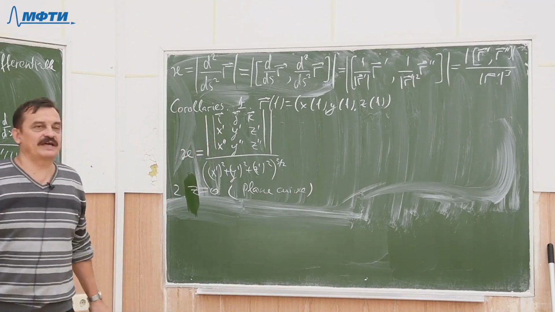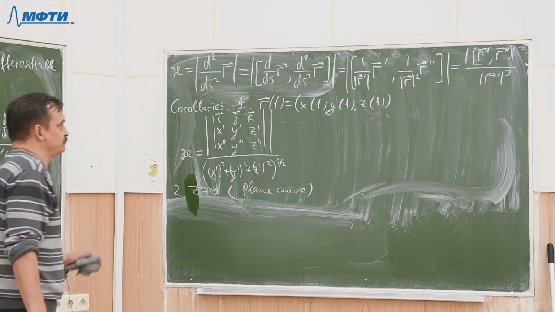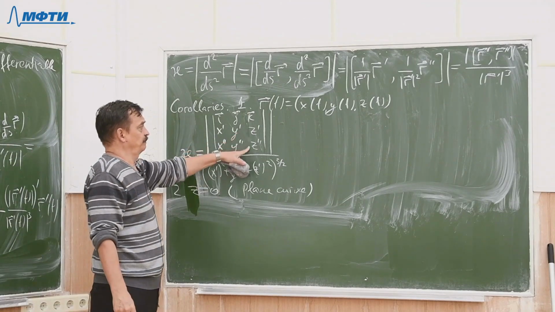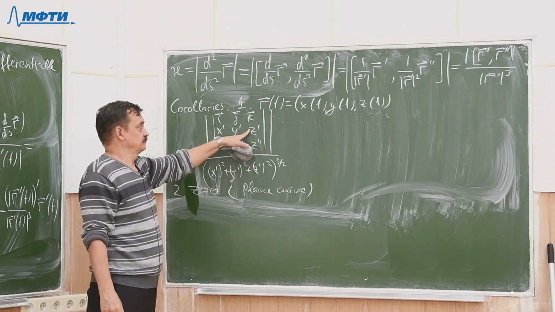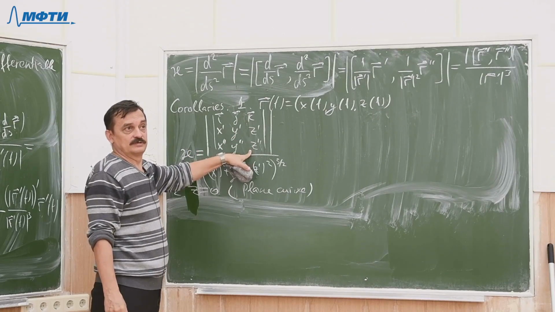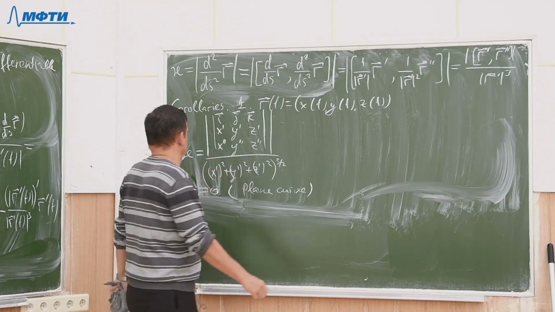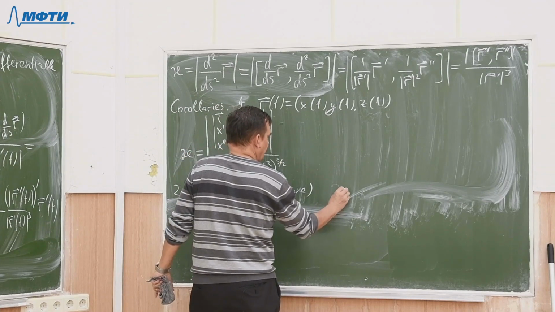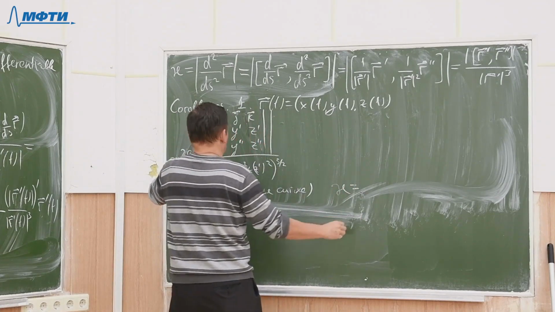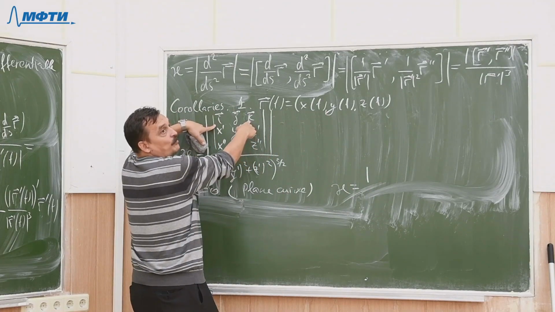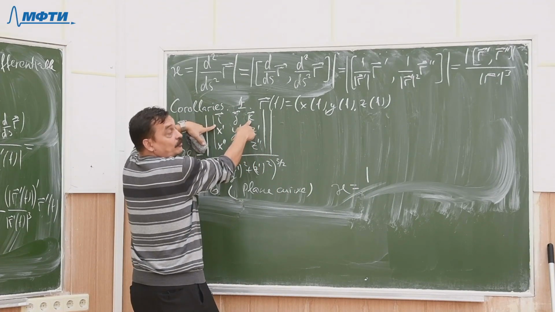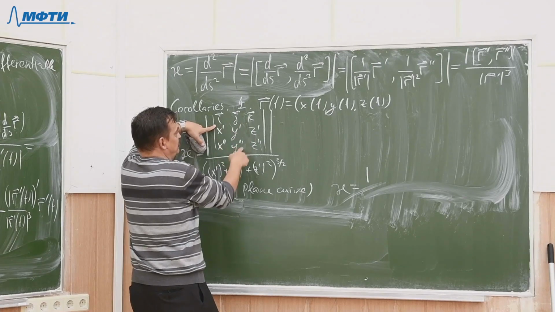If we have a plane curve, then what happens? Look, these are zeros, right? 0, 0. What remains? Kappa is equal to the modulus of... So only one component is not 0, the K component. We have this determinant.